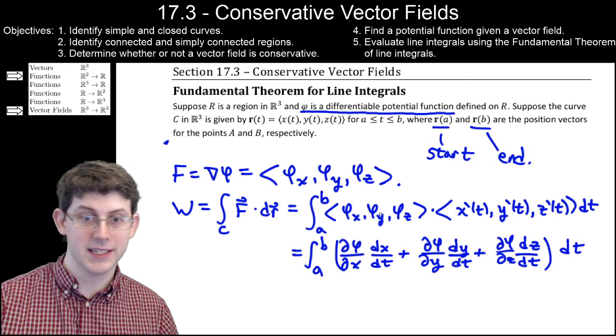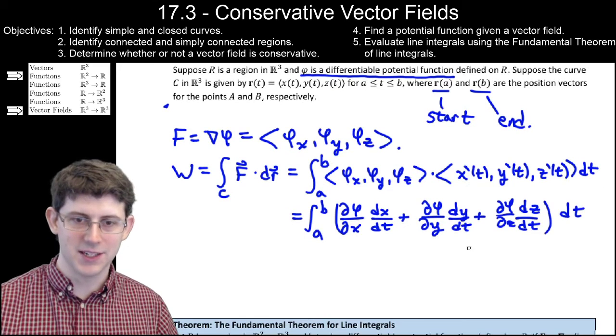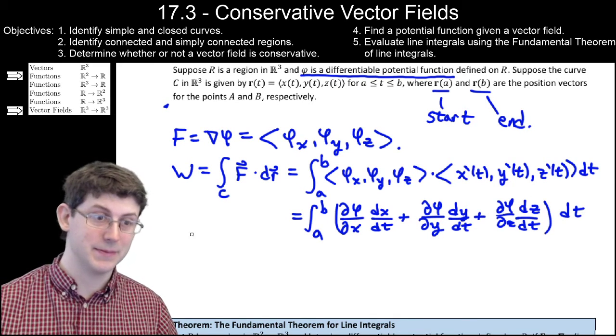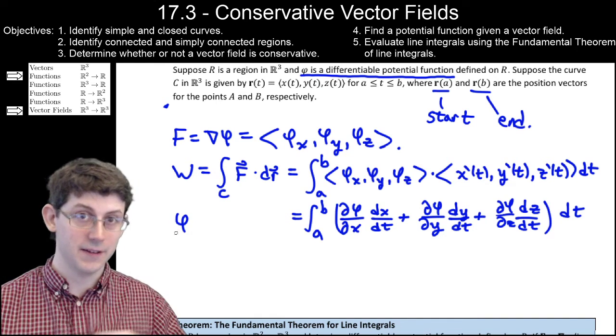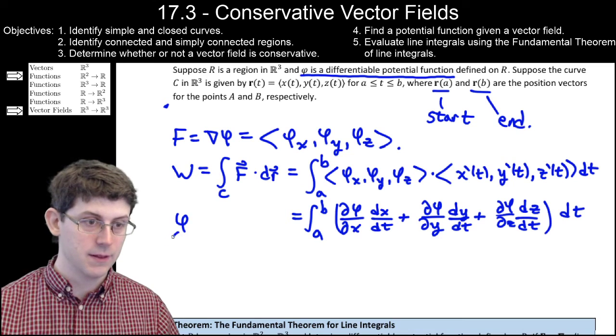We're doing this live here. So I literally just dotted these together and wrote it in a different, more suggestive way. What am I suggesting here? This should look familiar from a couple months ago, which is, say you have a function that depends on x, y, and z.